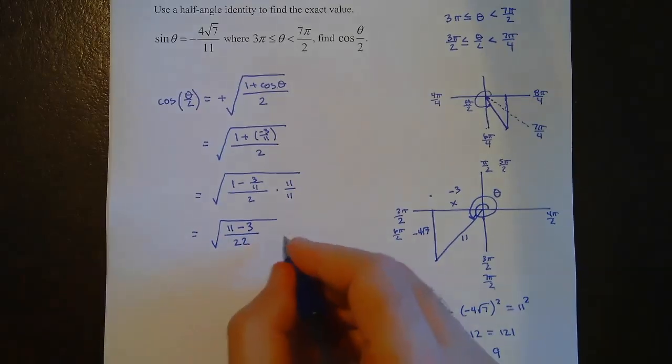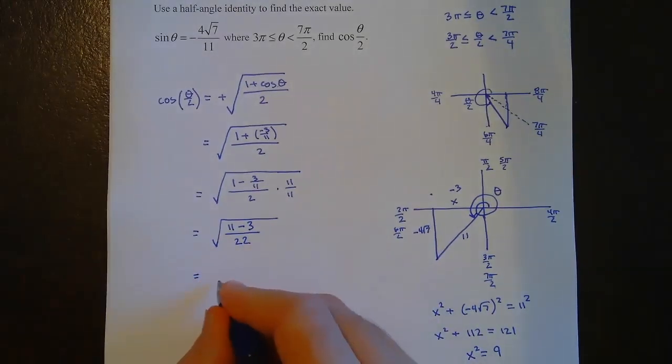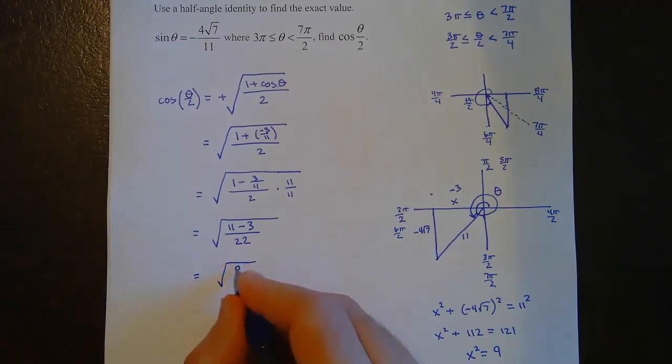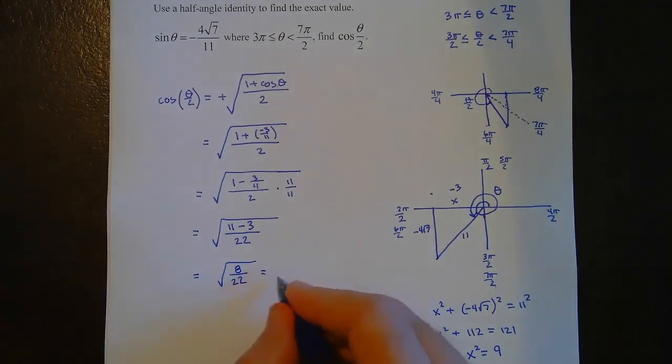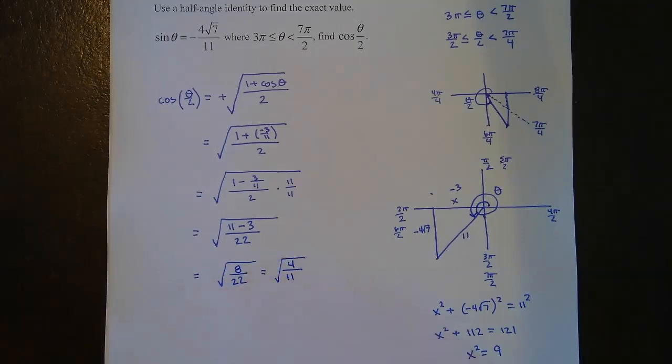11 minus 3 is equivalent to the square root of 8 over 22. Now 8 over 22 reduces because they're both even. That would be the square root of 4 over 11. So now we take the square root: the square root of 4 is 2, over the square root of 11.